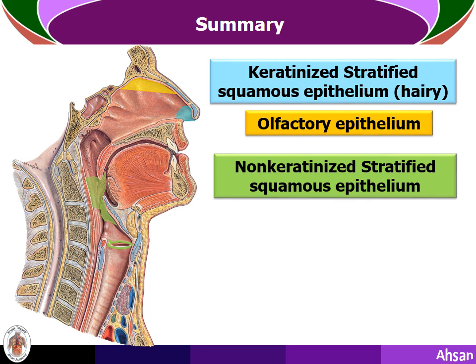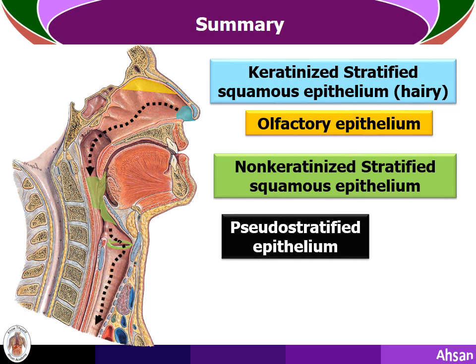The rest of the parts indicated, the nasal cavity, nasopharynx and the larynx, are lined by pseudo-stratified epithelium, which is considered the major epithelium of the respiratory tract, also known as respiratory epithelium.